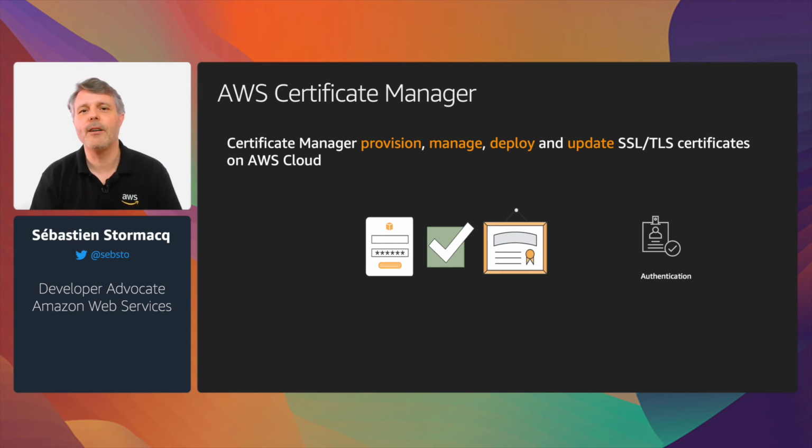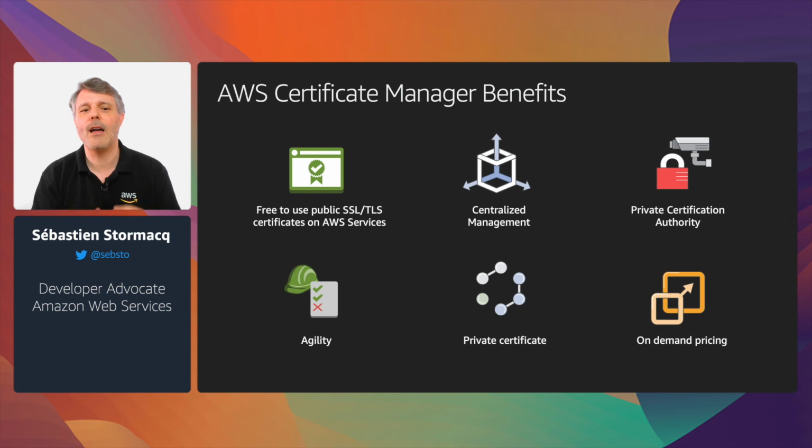You can also use Certificate Manager to create a private certificate authority and start to generate certificates to validate the identity of different actors inside your organization. It might be individual users, it might be IoT objects, it might be applications.